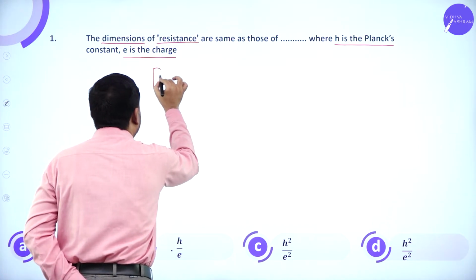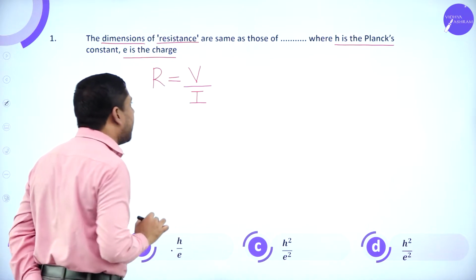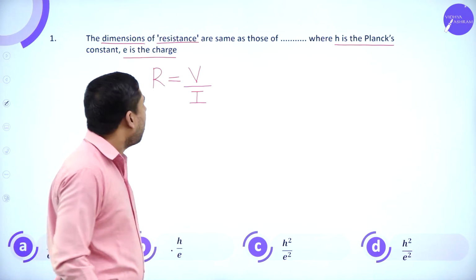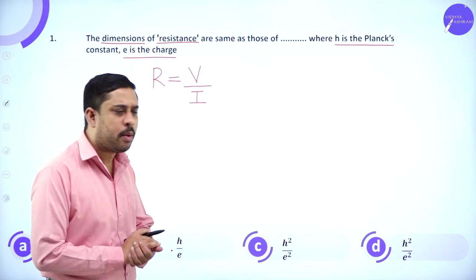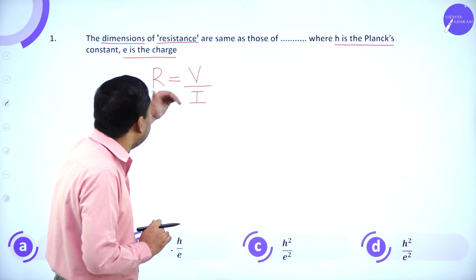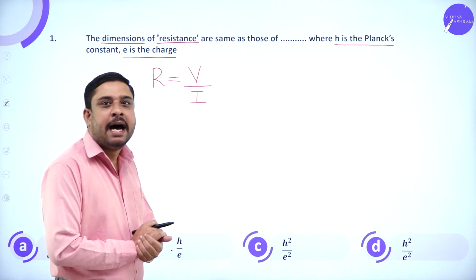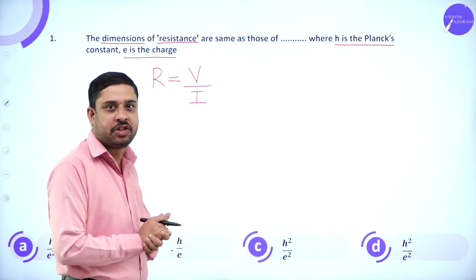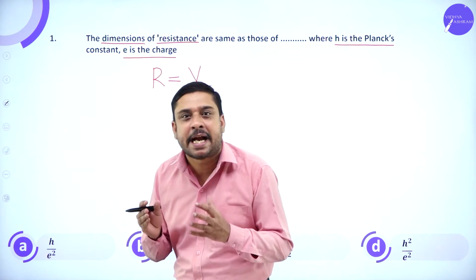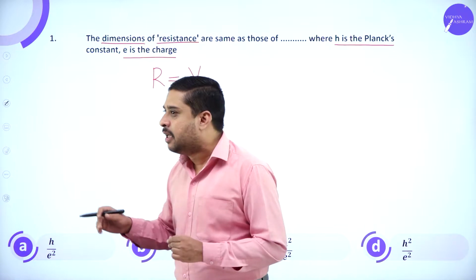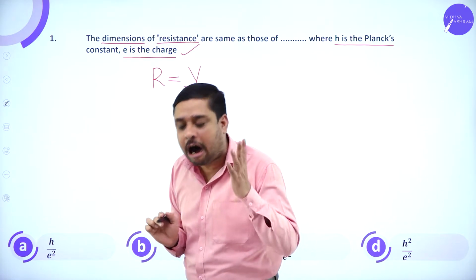So we told, resistance is voltage divided by current, R equals V divided by I. Now, I need to alter this so that I can introduce a term called charge. Simply we wrote, resistance is V divided by I. But all my four options clearly are in terms of charge.